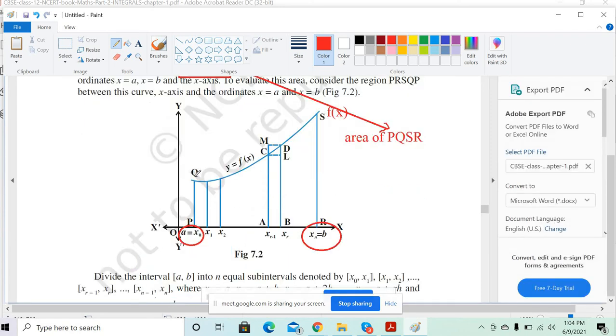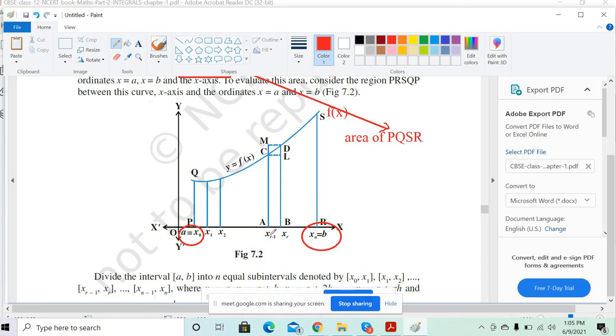This curve from Q to S is the curve here, right? When you draw a line from Q on the x-axis, it becomes QP, and then another line you draw becomes x1. We'll consider the first line, where x is equal to a, as x0, for your convenience.